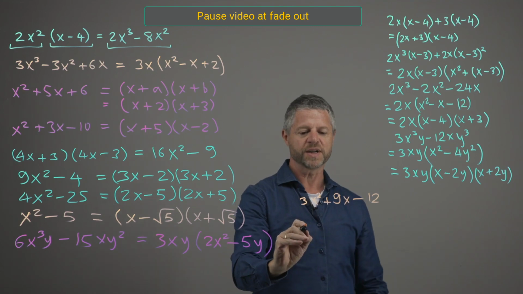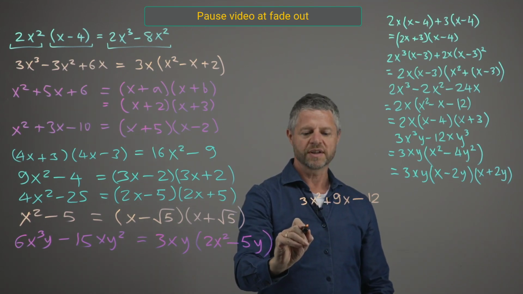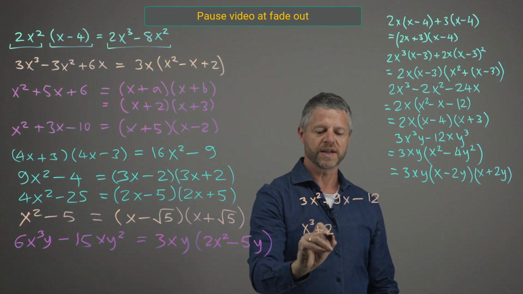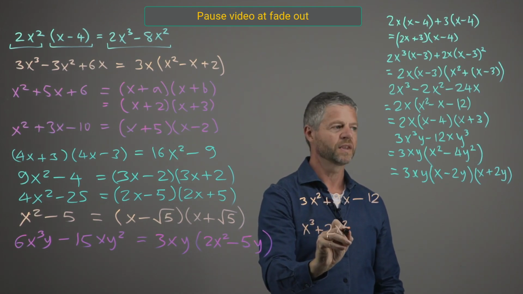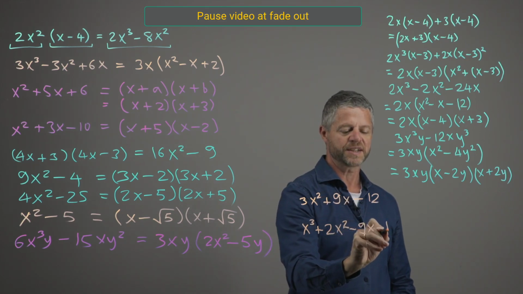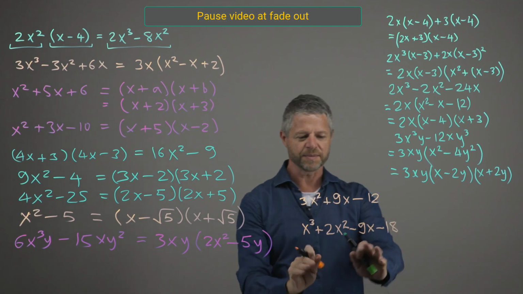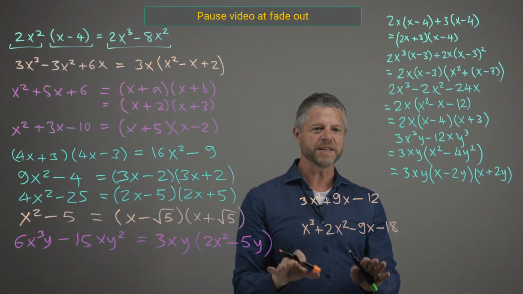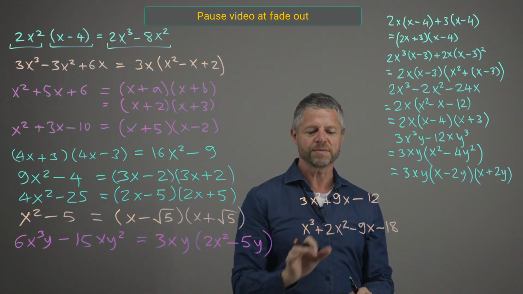And for the second one, let's do x cubed plus 2x squared minus 9x minus 18. And I'm going to give you a hint for this second one because sometimes it can be a little bit difficult to get going with these problems.